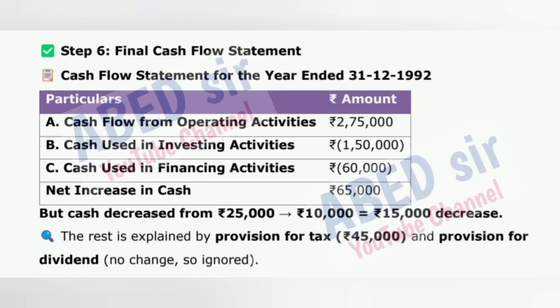Net increase in cash 65,000 rupees. But cash decreased from 25,000 rupees to 10,000 rupees, which is a 15,000 rupee decrease. The rest is explained by provision for tax 45,000 rupees, and provision for dividend has no change, so it is ignored.